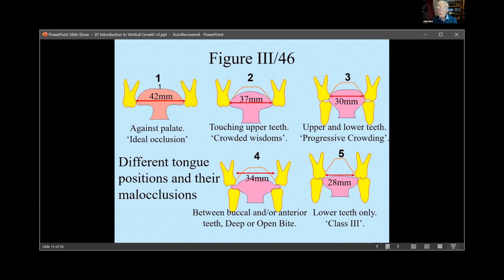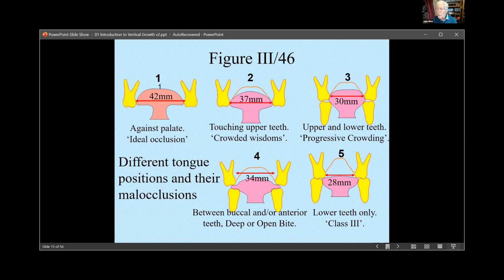Now, if you touch your upper and lower teeth, you then get a more severe problem, and you'll reduce your intermolar width down to about 30. And if you put your tongue between the teeth, which is very common, your buccal teeth won't erupt, but your anterior teeth will. That is why you have a deep bite or maybe an open bite.